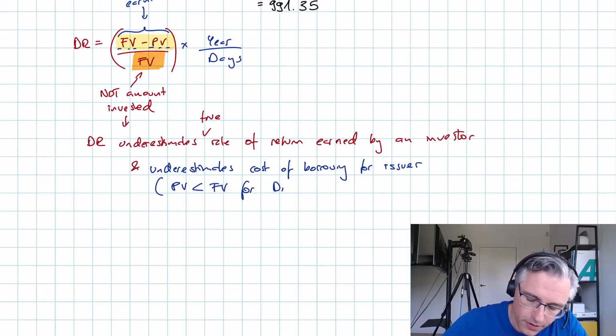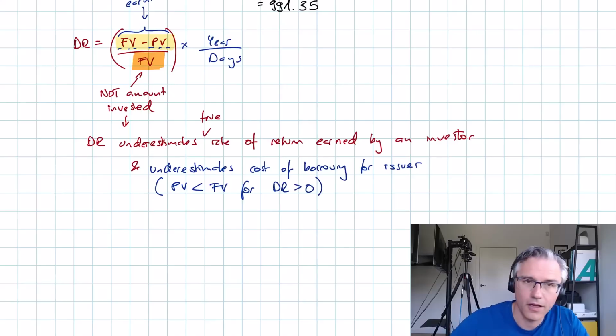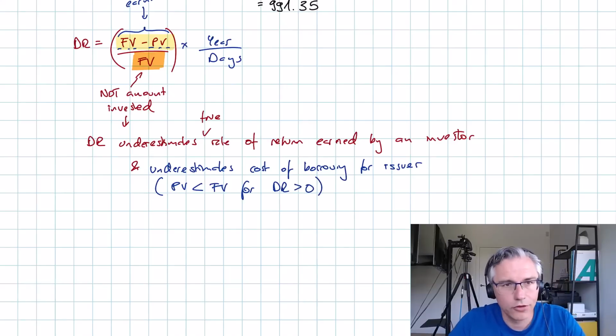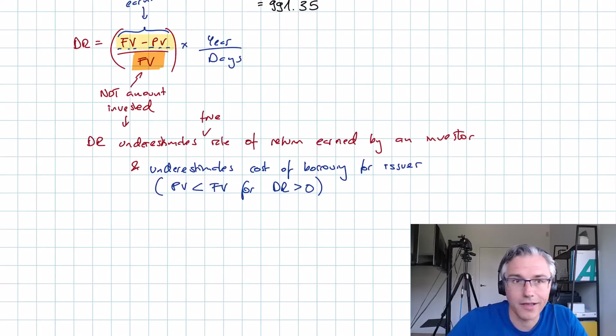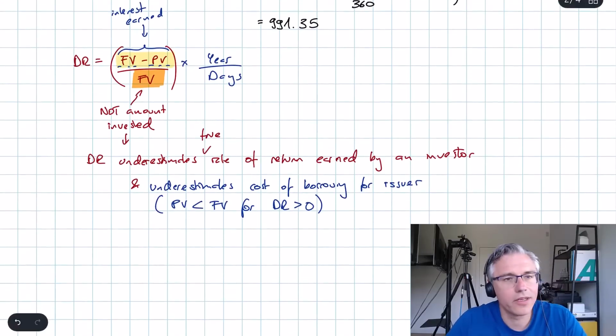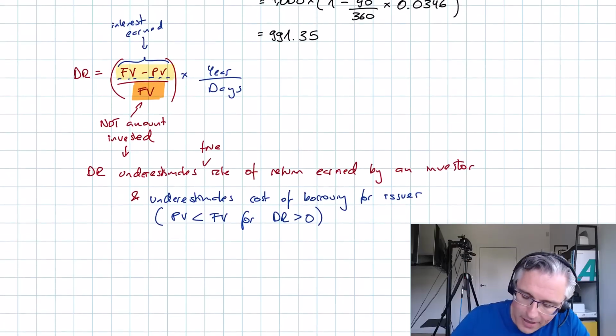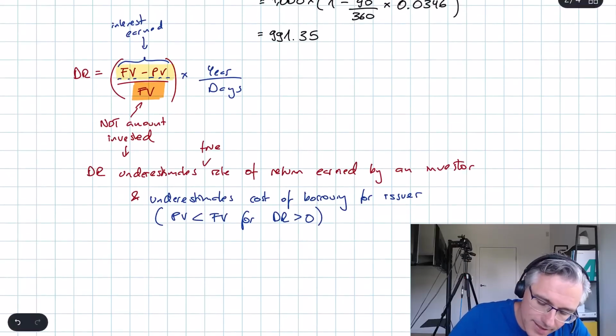Obviously, this holds for DRs that are higher than zero, which is the case now, as I'm shooting this in 2024, but not so long ago, a couple of years ago, it wasn't the case, especially in the Eurozone, where we had negative rates.